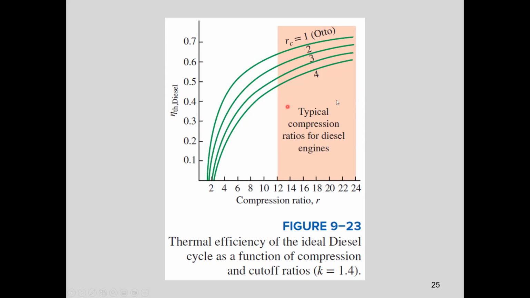And this colored area shows the typical compression ratios for diesel engines. And here RC is equal to 4, 3 to the cutoff ratio. As you can see, when the cutoff ratio decreases, the efficiency of the diesel cycle increases. In the limiting case of RC equal to 1, the cycle reduces to the Otto cycle.